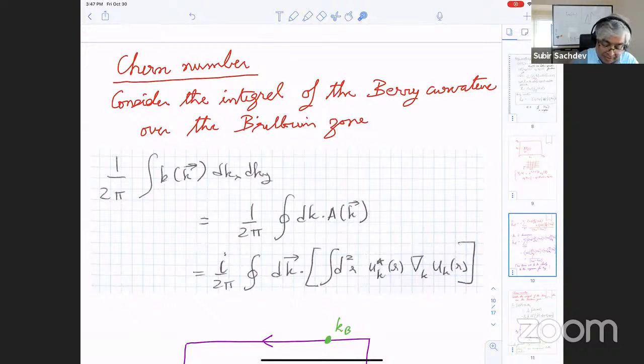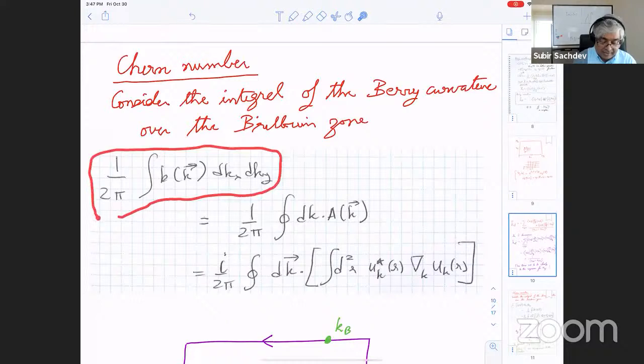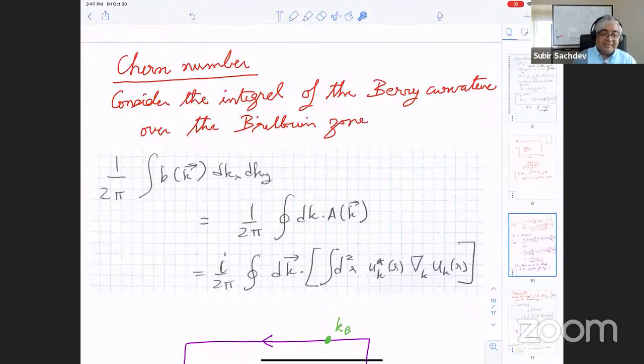Because of the way things work out, we're not putting the factor of 4 pi squared as you normally would if you were integrating over the Brillouin zone. We put a factor of 1 over 2 pi. And this integral was something that had appeared in mathematics. It turns out to be something called the Chern number of these functions on a torus.